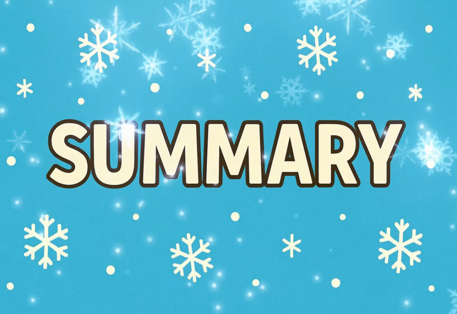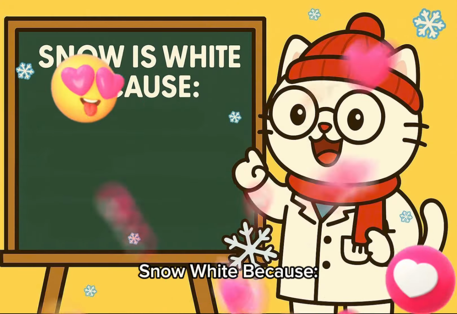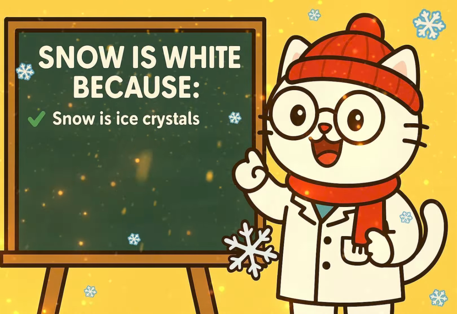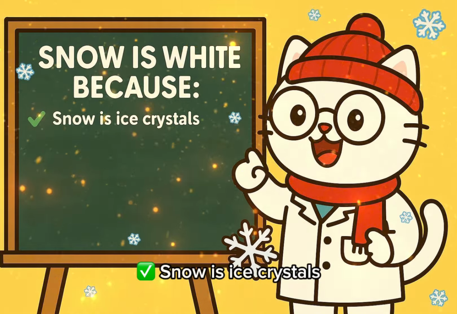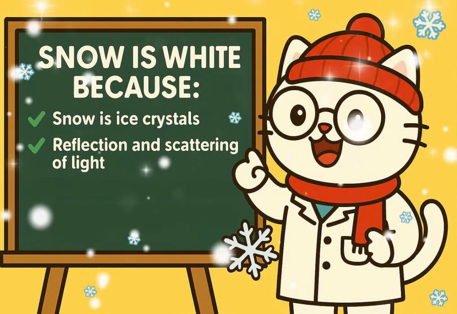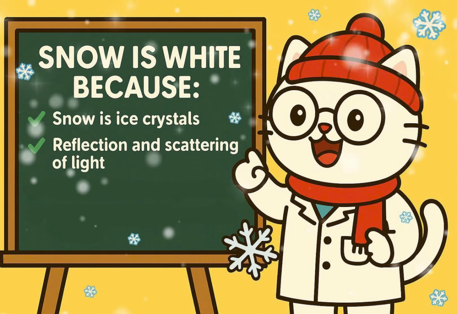Summary: Snow is white because snow is ice crystals. Reflection and scattering of light.